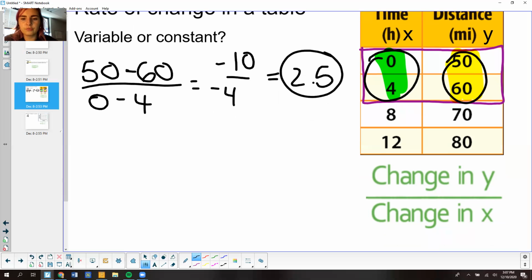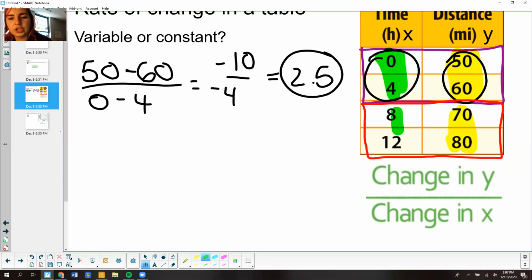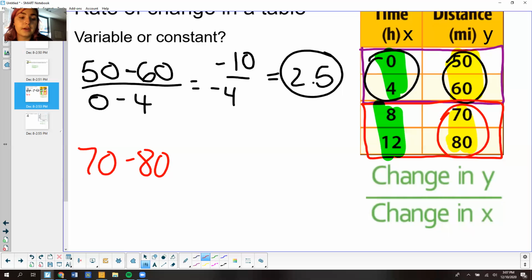Next we're going to look at the rate of change with the last 2 points. What is my change in y values divided by my change in x values? I'm going to take 70 minus 80, divided by the difference in my x values, 8 minus 12.